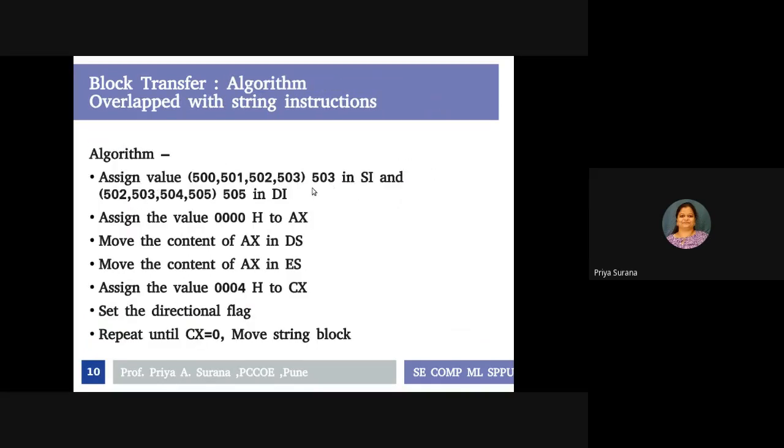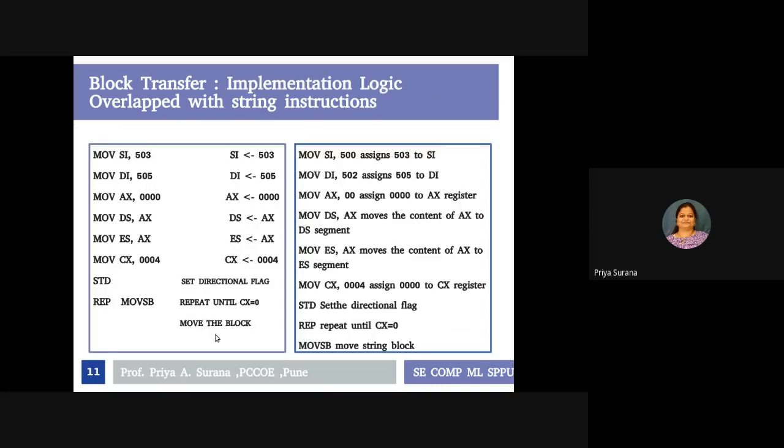In overlap, we are supposed to point to the end location and copy in reverse manner. SI will point to 503, which is the end of the source. DI will point to 505, which is the end of the destination. Set direction flag, reverse manner. SI will decrement by 1, DI will decrement by 1, and the next iteration will be performed.